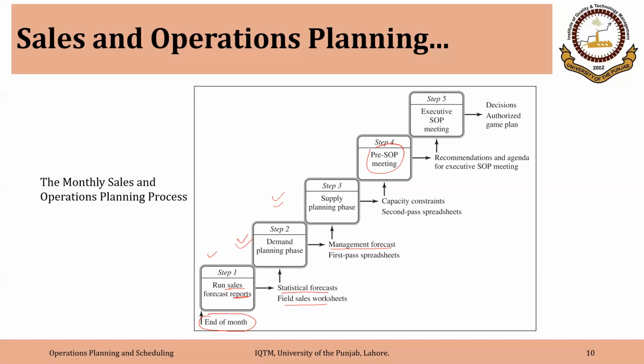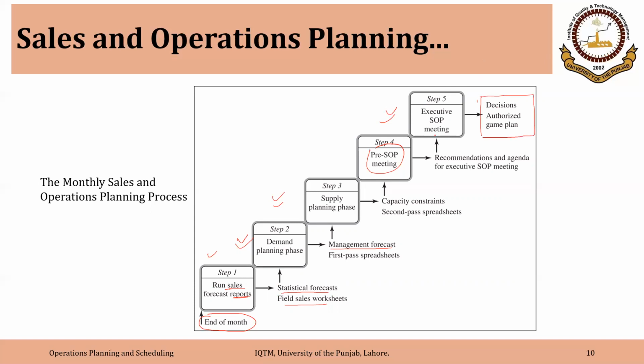So some initial decisions are made, some tentative plan is agreed upon here, and that is forwarded to the final executive S&OP meeting where any conflicts that couldn't be resolved in the pre-S&OP meeting are resolved, and budgets are approved if required, and the resources are approved if required, and the final plan for the next month, for example, is approved here.